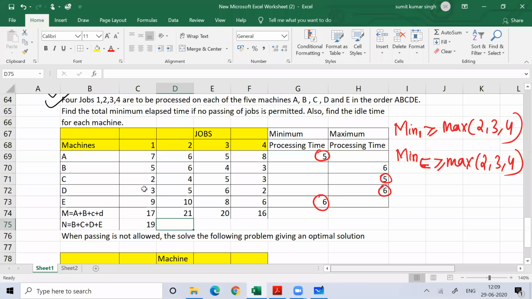Here the total you are getting is 21. 21 minus 6 to remove A is 15, 15 plus 10, that is 25. Similarly, I can find the other values. This would be 23 and this would be 14.